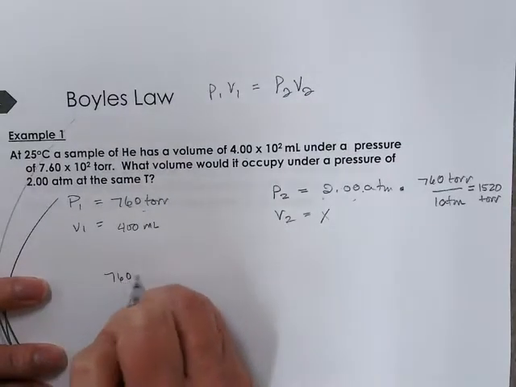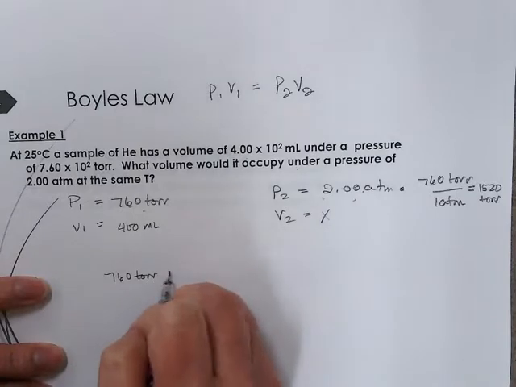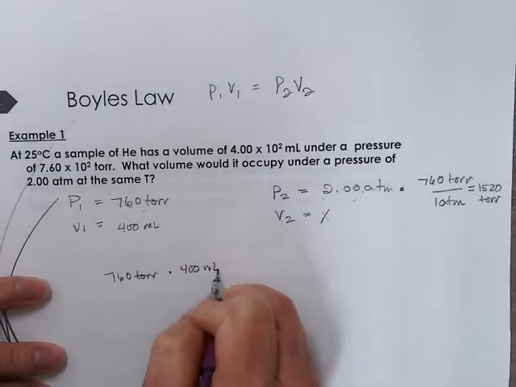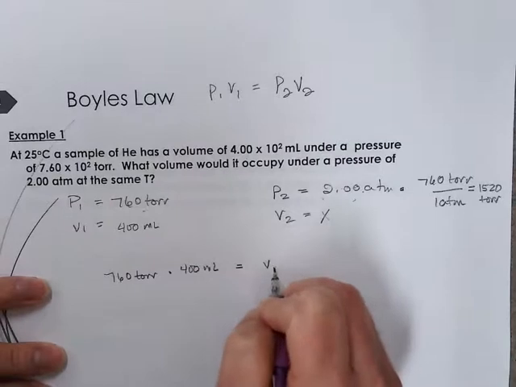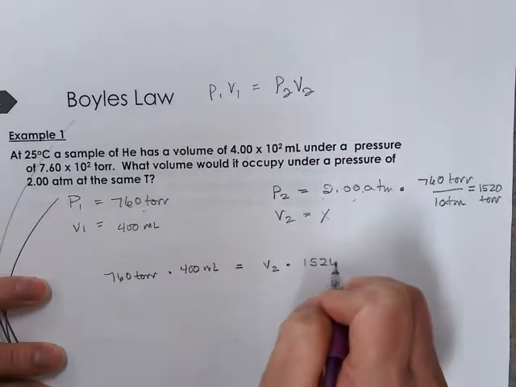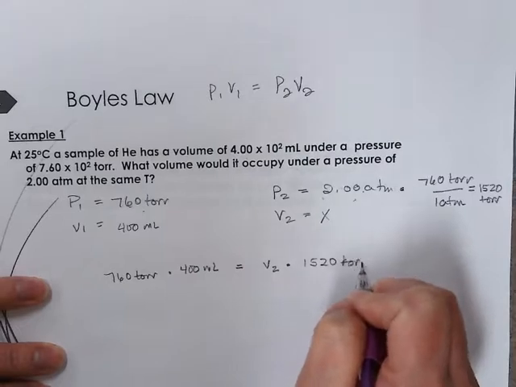So I have the 760 torr times the 400 milliliters is equal to V2 times the 1,520 torr.